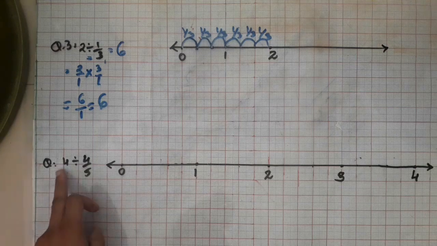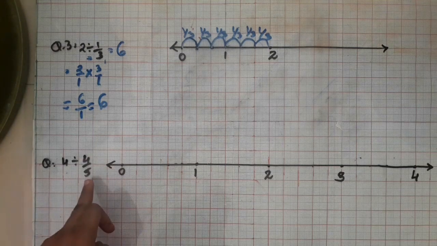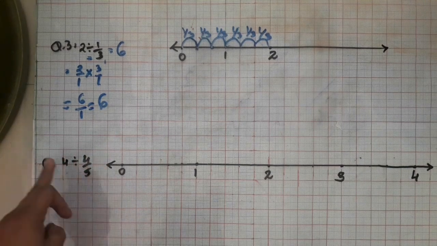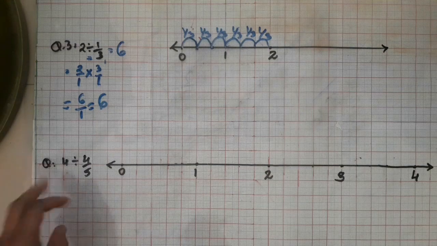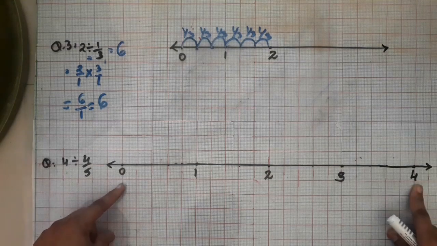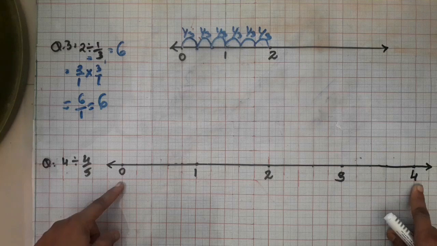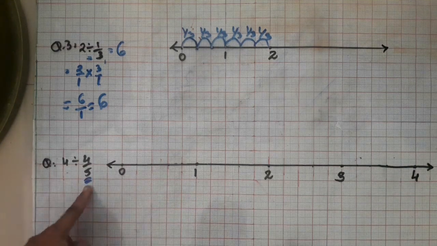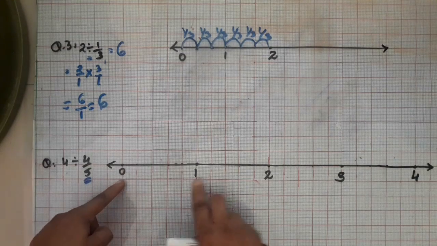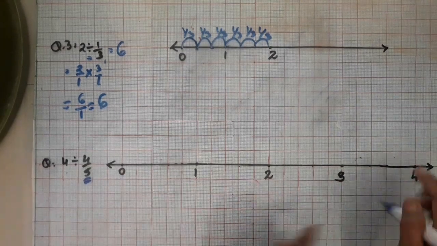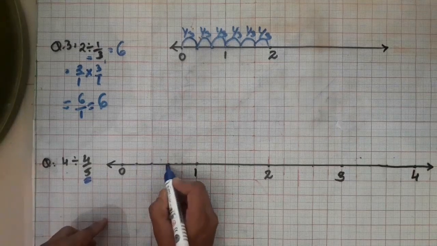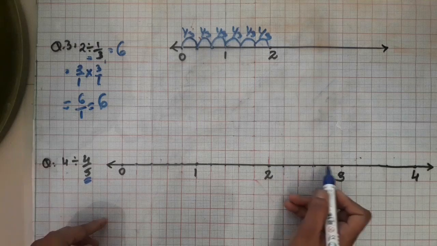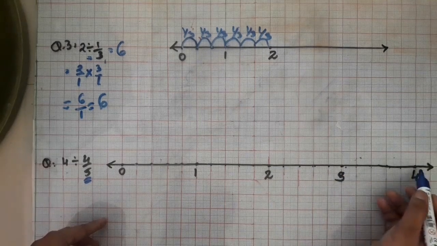Here you have 4 divided by 4 upon 5. That is, how many 4/5ths are there in 4? Here you can see the numbers up to 4 are given, and I have made 5 equal parts between 2 consecutive numbers because the denominator is 5. You can check here, 1 2 3 4 5, 1 2 3 4 5, 1 2 3 4 5, 1 2 3 4 and 5.